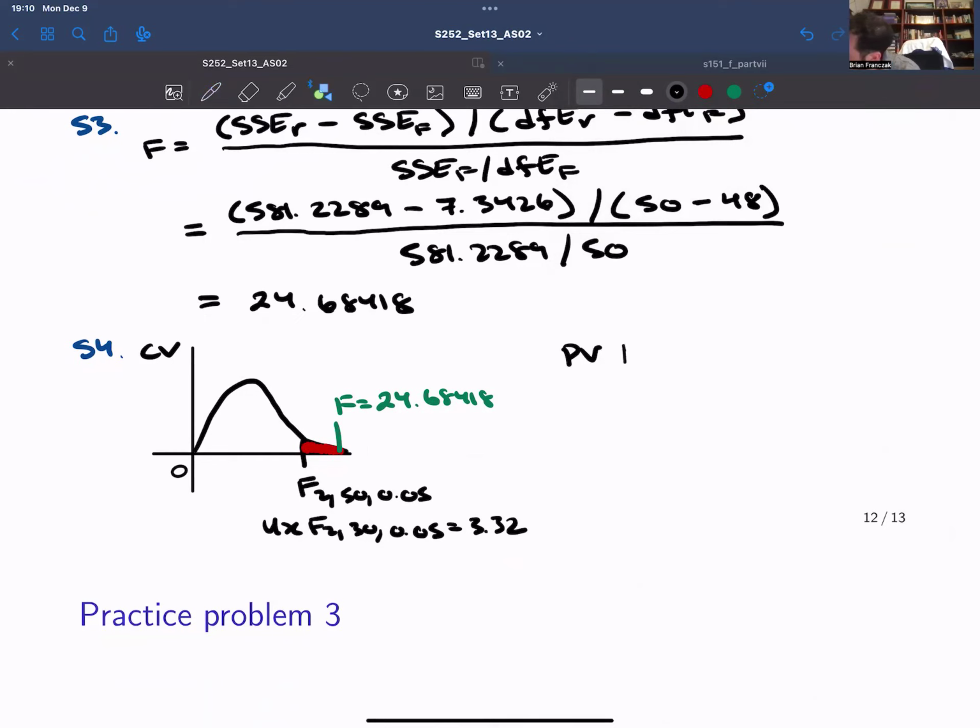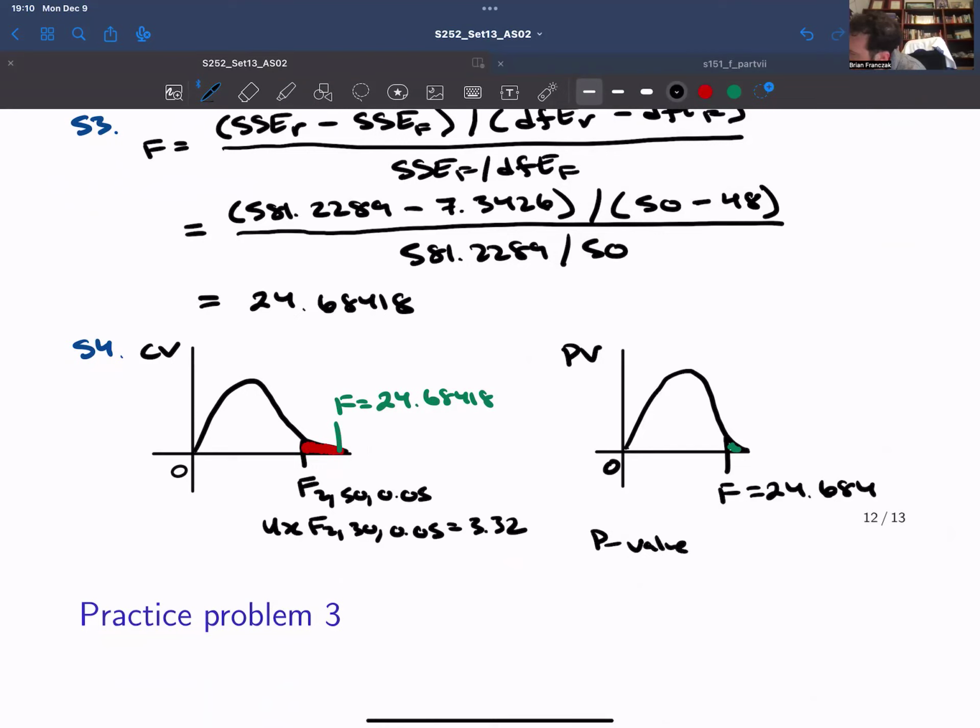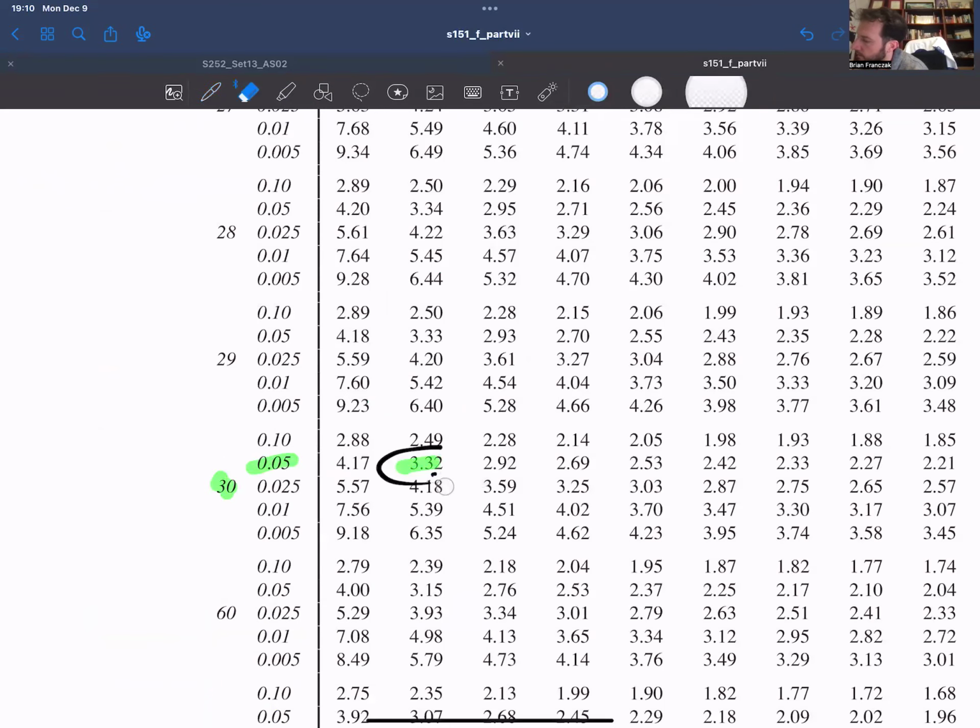And then if we take the p-value approach, all right, so we can mark down our test statistic. We can shade this region here. So we have that the p-value is the probability that F is greater than 24.684. We go back to our table, same result that we had in the last problem.